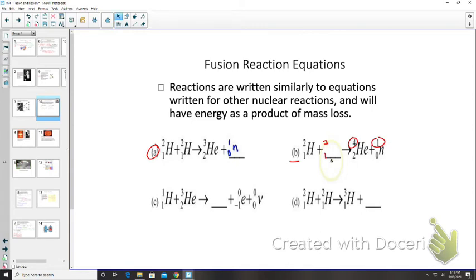And if it has only 1 proton, it must be hydrogen. Okay, so hydrogen 3 is tritium, I believe. That's part of heavy water. We'll talk about that in a second. Okay? If it is like this, I do believe it is deuterium.